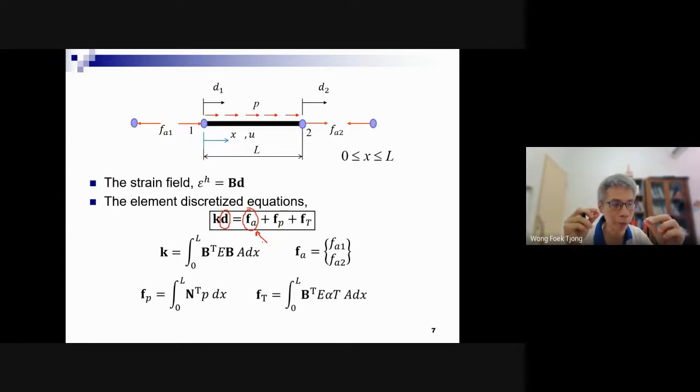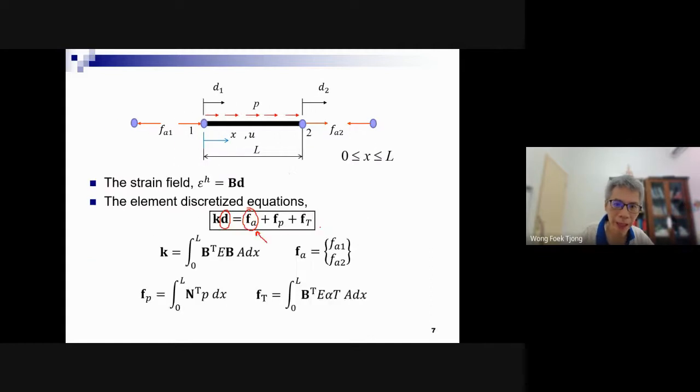Recall that when we use the direct stiffness method to form the stiffness equations for structures, the force at the nodes is in balance with other elements, and that's equal to the external force at the nodes. So that comes from when we derive the direct stiffness method.